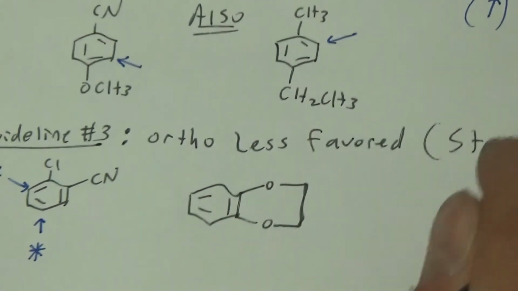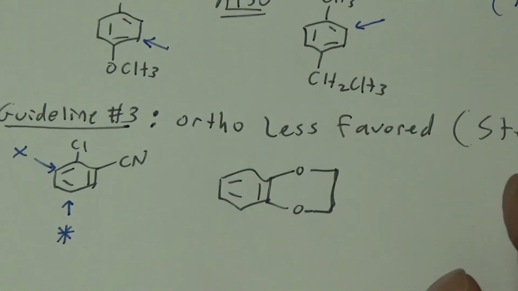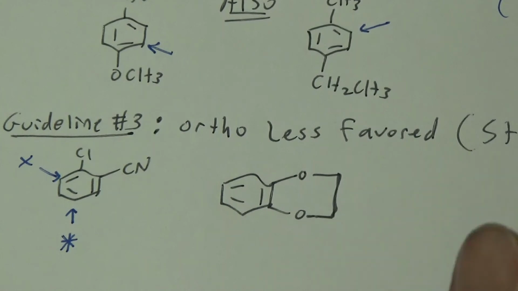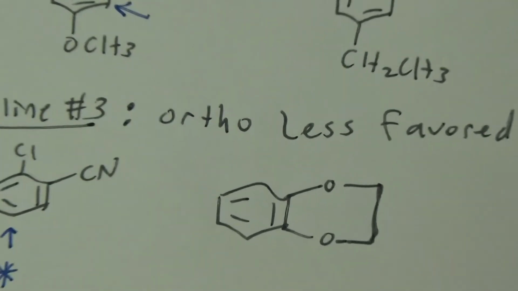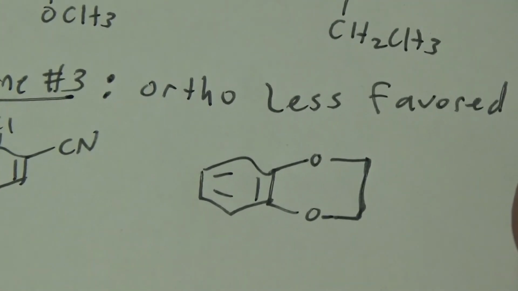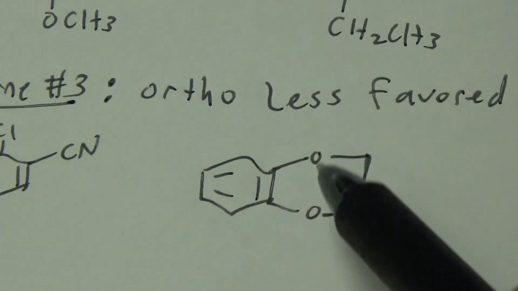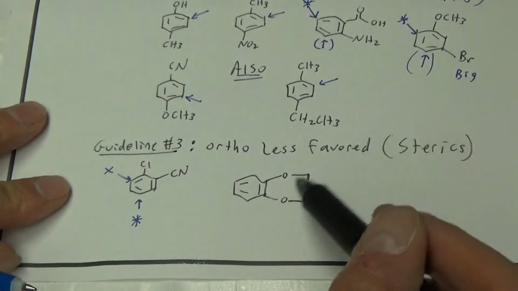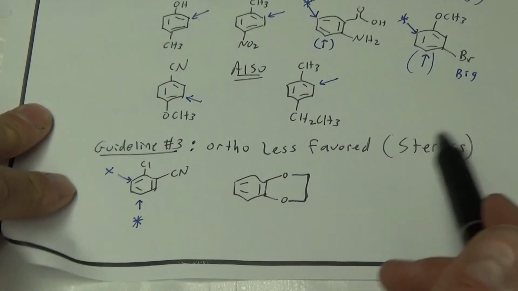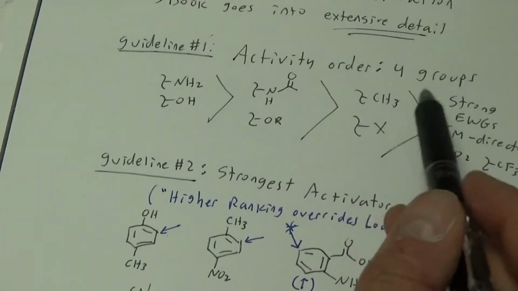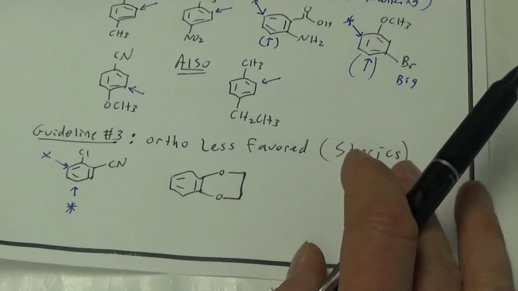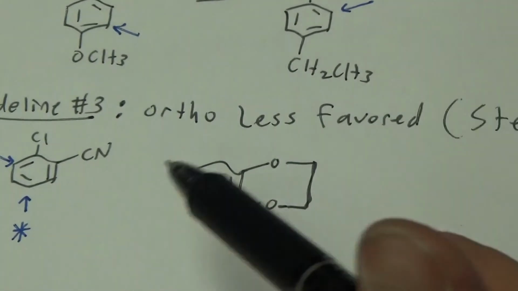Okay, this looks weird, right? It's a benzene with 2 oxygens and a little bridge. You see these kinds of things, and what's the activity? Well, who's the greatest activator, and which group are they in? They're like ethers, a weird ether bridge. The ethers, of course, are in the 2nd group. The big thing, though, is they're both the same, so it's not like one wins over the other.